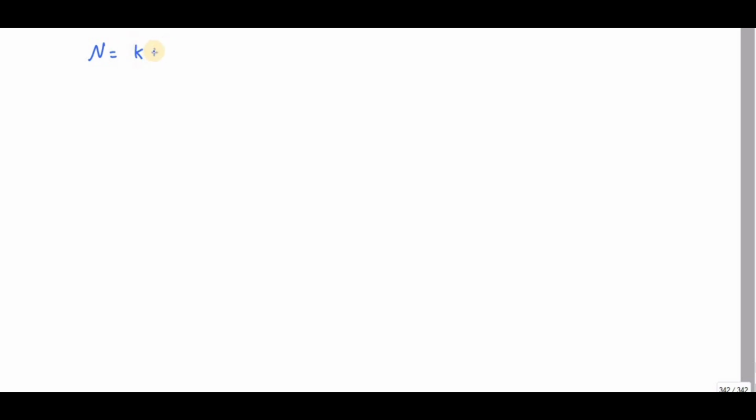So I can write n is equal to k plus, here the k value is 2, k plus 1 plus k plus 2, and it will go on up to k plus p minus 1, right? So I can write this as equal to kp plus p into p minus 1 divided by 2.